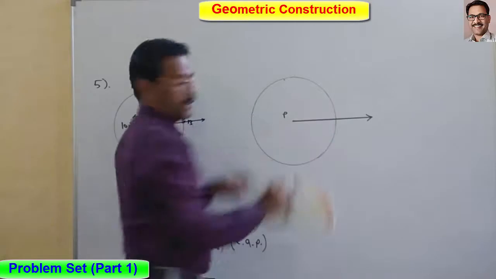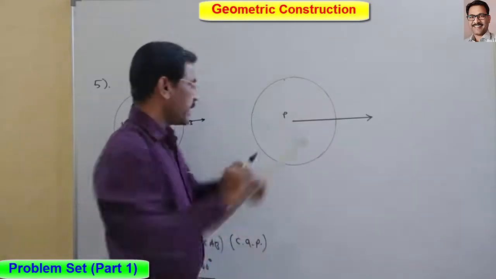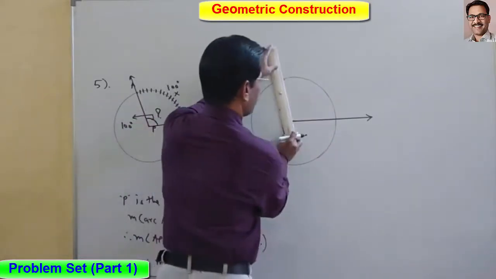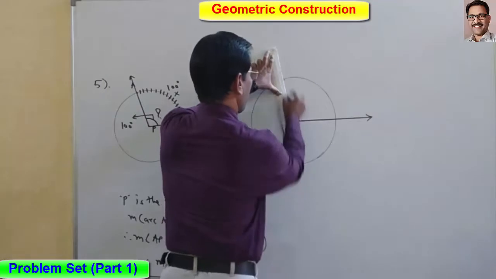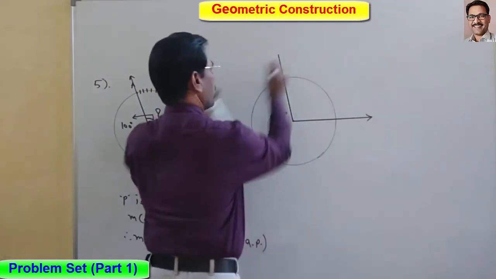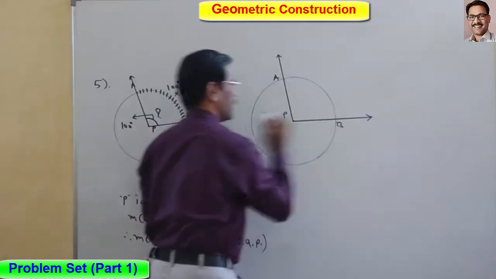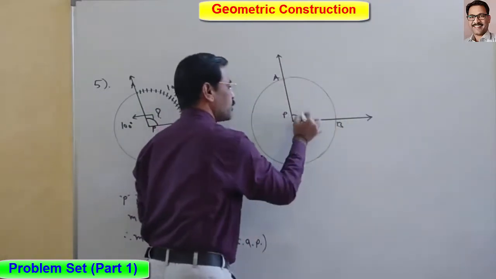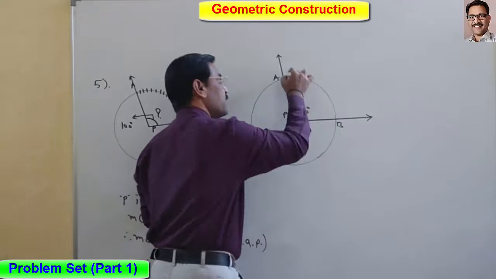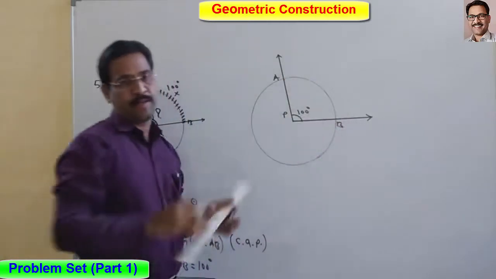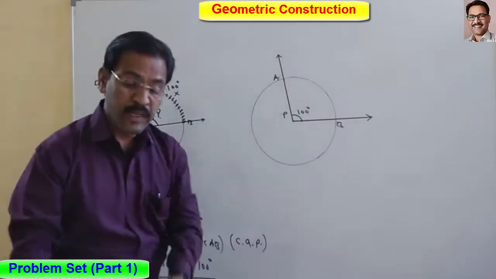Okay friends, now just join first and then extend. Here this is a point A I'll take and this is B. Automatically here we'll draw that 100 degrees, then this arc will become 100 degrees. Okay, now what is the next part here?